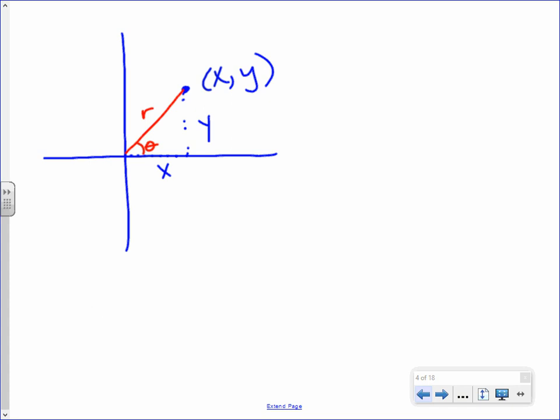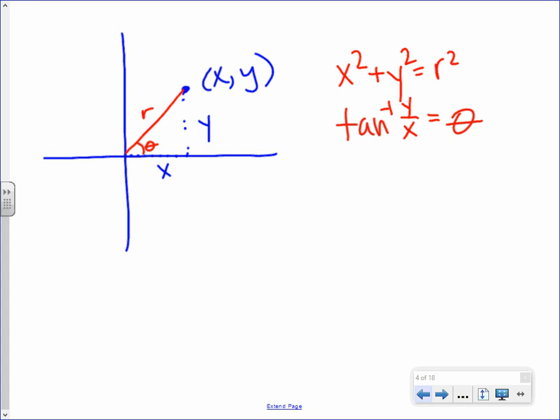Let's talk about some relationships here. How do we relate x, y, and r together? x squared plus y squared equals r squared. Grayson: the inverse tangent of y over x is theta?